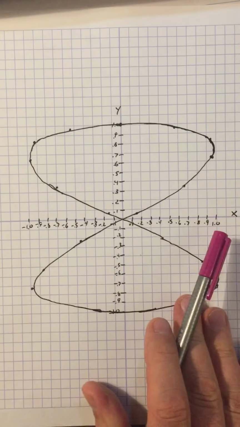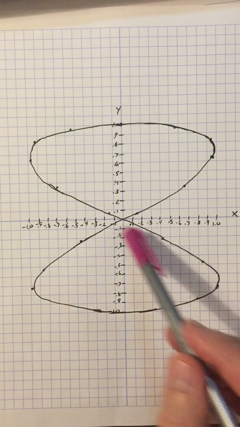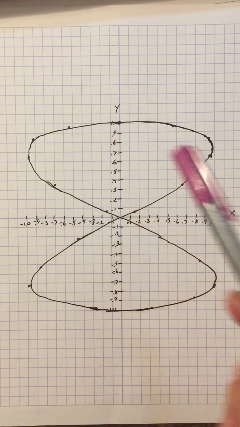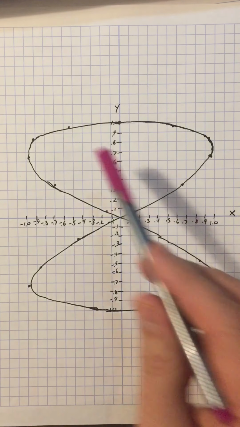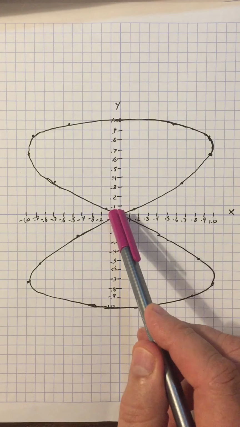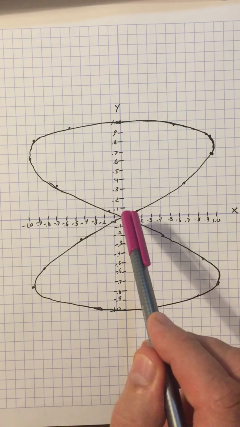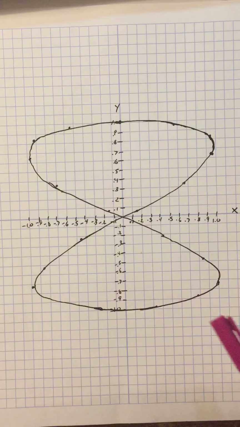So the idea of a function here is that that point can never be at two different places at the same time. It can, of course, come back to the same place at different times. In fact, it does that, and on this domain, it does it here and here. So we sometimes have same place at different times, but you cannot be in different places at the same time.